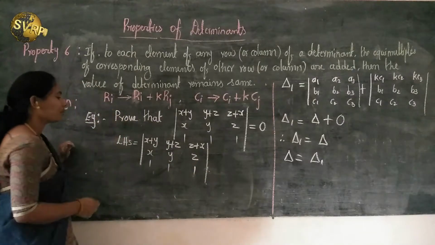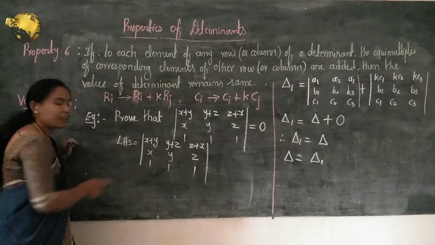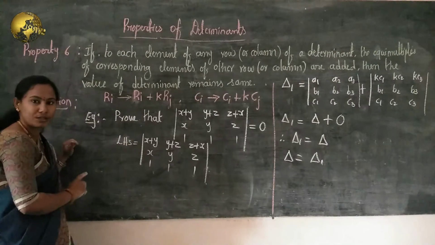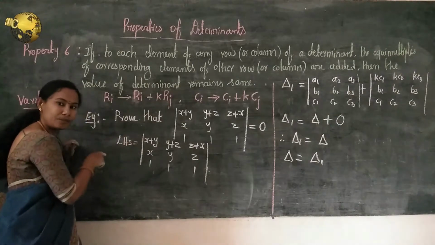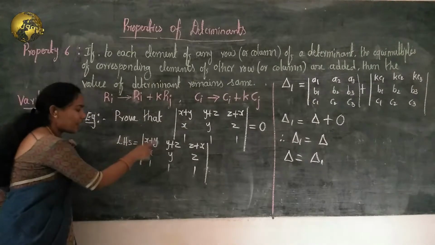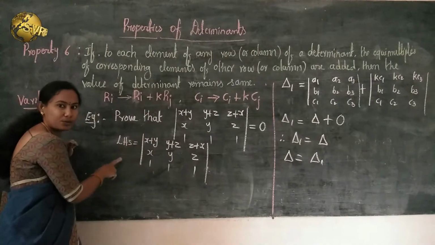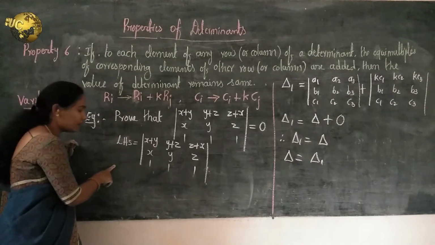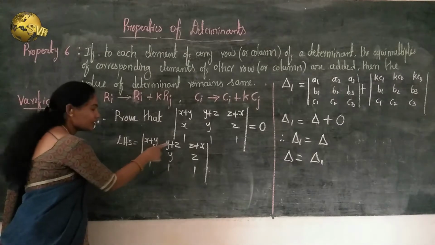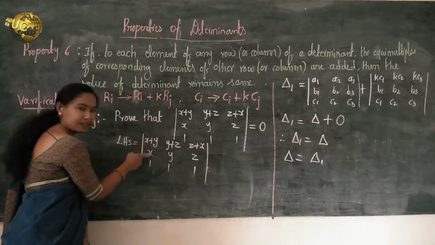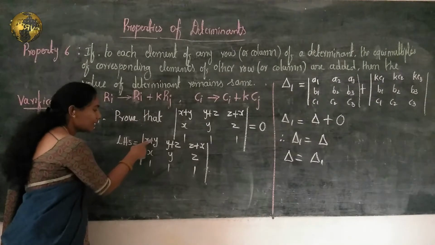Now according to property number 6, we can change any row by adding multiples of another row. We have to make this into 0 by using the properties without expanding. So what should I do? Just see the first row elements, x plus y, y plus z, and the second row elements.